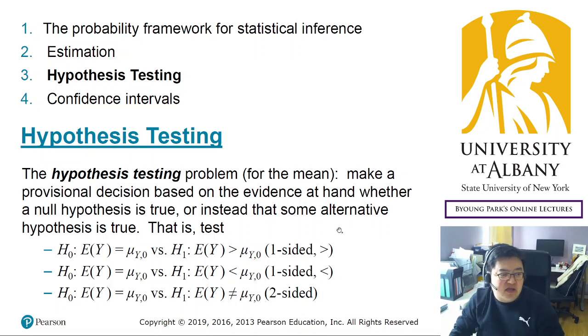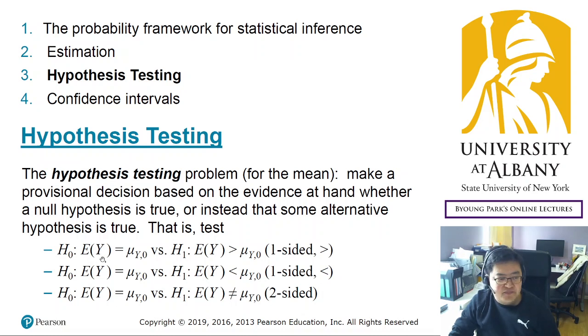So, and because we are only considering the population mean, it means the hypothesis is stated in terms of the mean. So, for example, there are three different types of hypotheses. First, a hypothesis is stated this way.